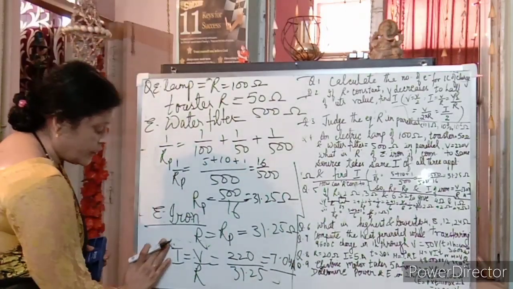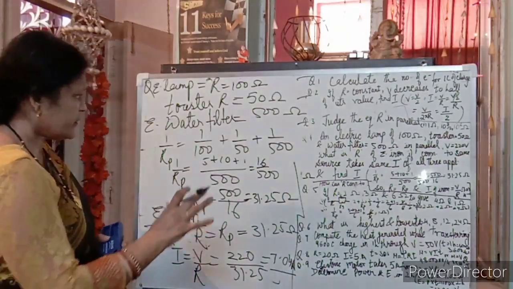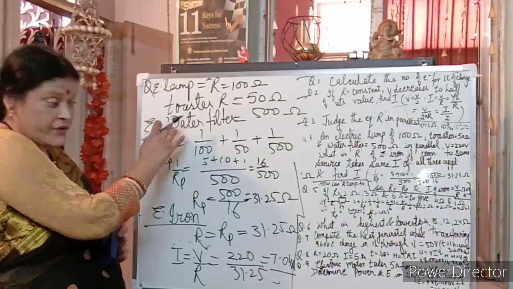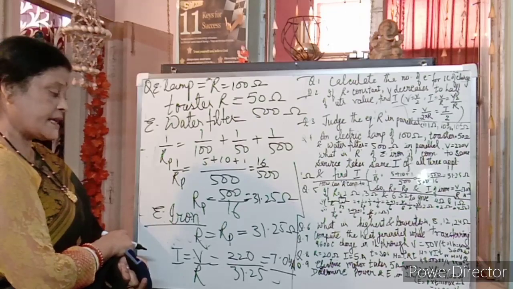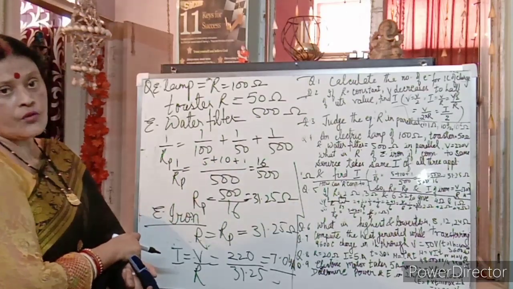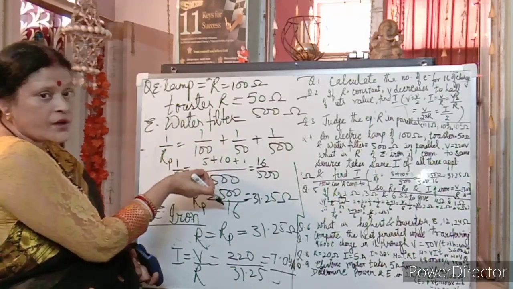Now see what I have explained. Very, very easy. Student, first we found all these three appliances. When we connect this iron to the same source, and they say it is 220 volt only and R is not given, it will all be the same, whatever R and volt are coming here.